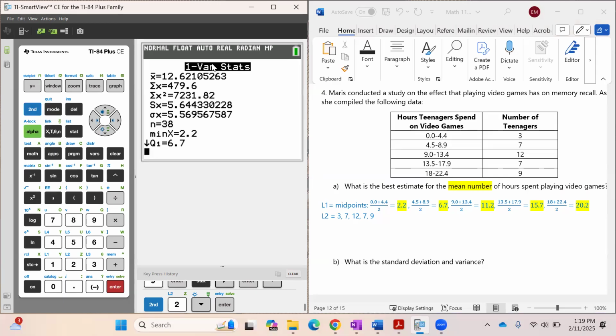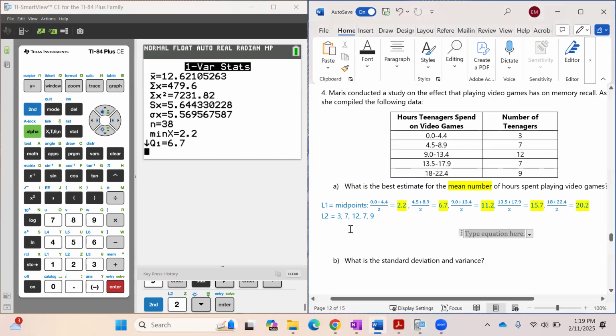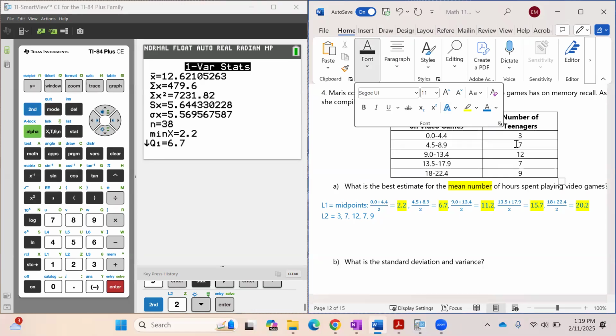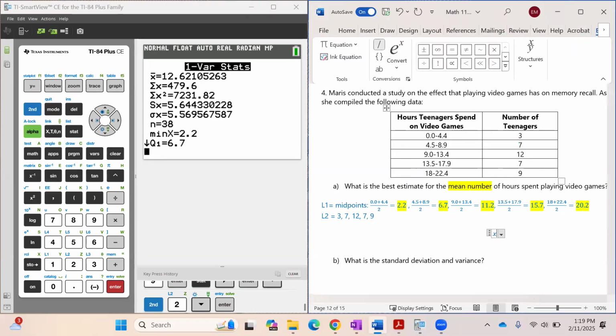Okay, so we are able to get our mean. It says x̄ equals 12.621.